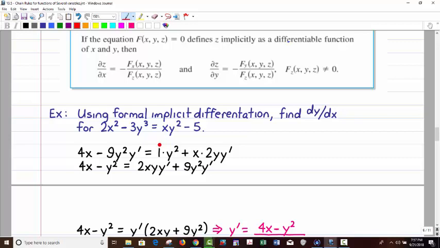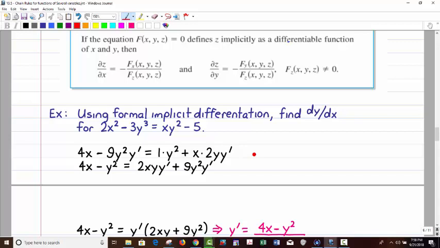So the derivative of x would be 1, and then y squared is just y squared, no prime, because we're not taking the derivative of y squared. We're about to, though. Plus f, which is x, times g prime. So the derivative of y squared would be 2y, then y prime. And of course, the derivative of minus 5 is just 0.